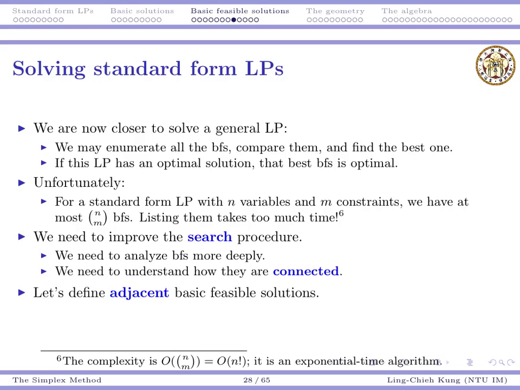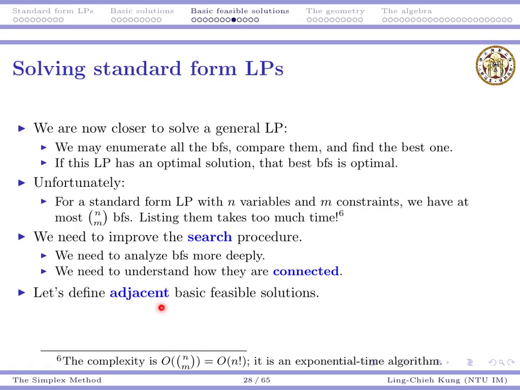So instead of doing that, we need to improve the search procedure. Essentially, we hope that we do not need to look at all the basic feasible solutions. Instead, we want to know something more about basic feasible solutions, and in particular how they are connected.